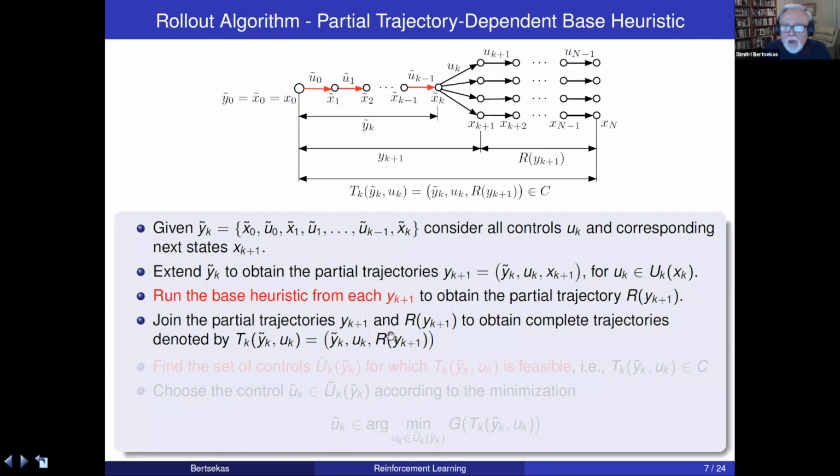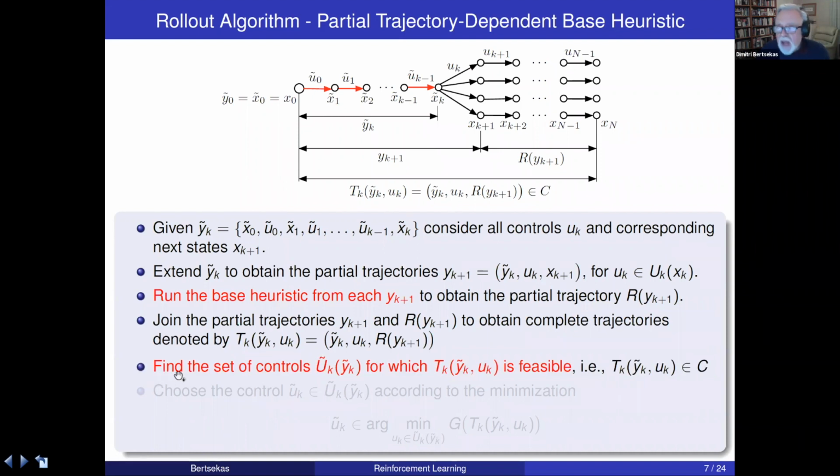We join the partial trajectories yk plus 1 and R of yk plus 1 for all the different values of uk, and we obtain complete trajectories of this kind. Okay, so we have now these candidate trajectories. Some of them are feasible, some of them are not feasible.